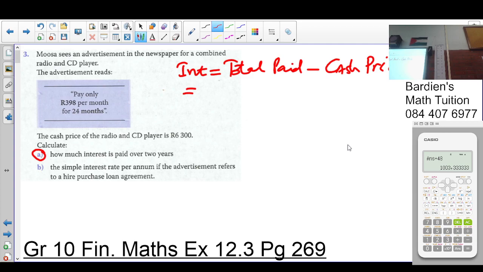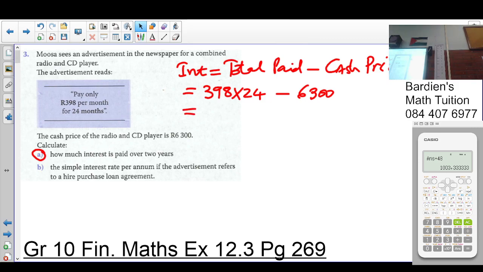Right. So how do we calculate the total amount paid? 398 times 24. Did they make a deposit there? No deposit is made. Okay. A cash down payment there? No. Minus, what's the cash price of this piece? 6,300, for the item.